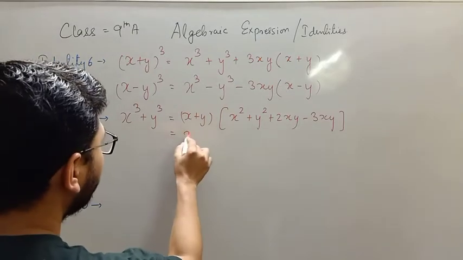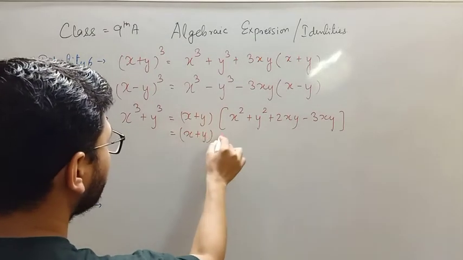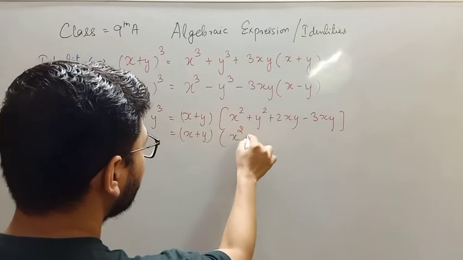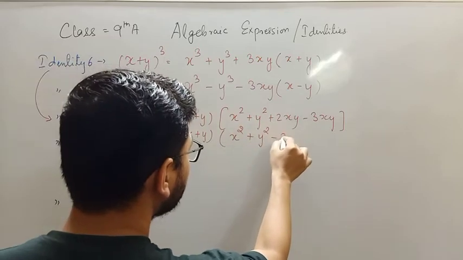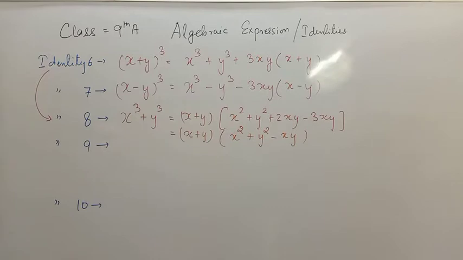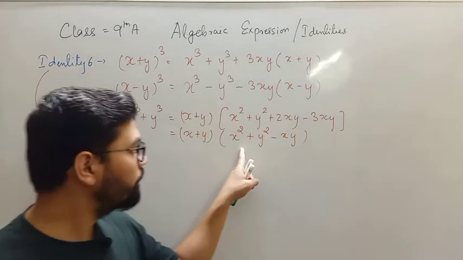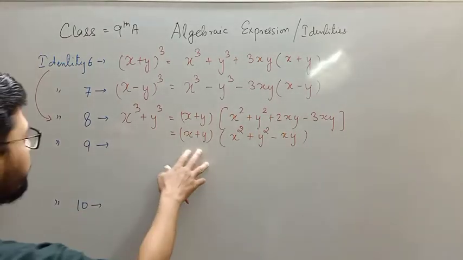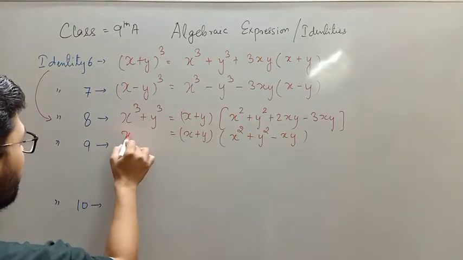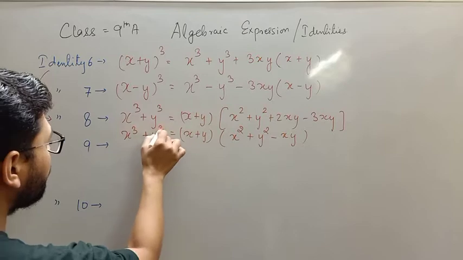So I can write (x + y)(x square plus y square minus xy). Though this identity is not given in your book, this is an additional one that I am giving to you. So this is an identity for x cube plus y cube.